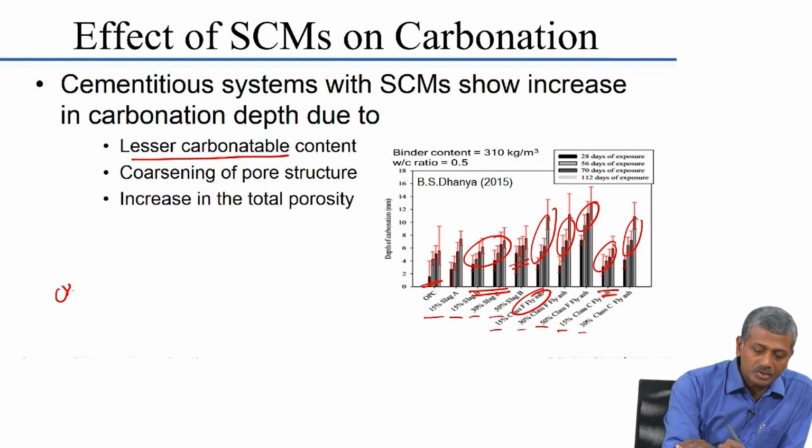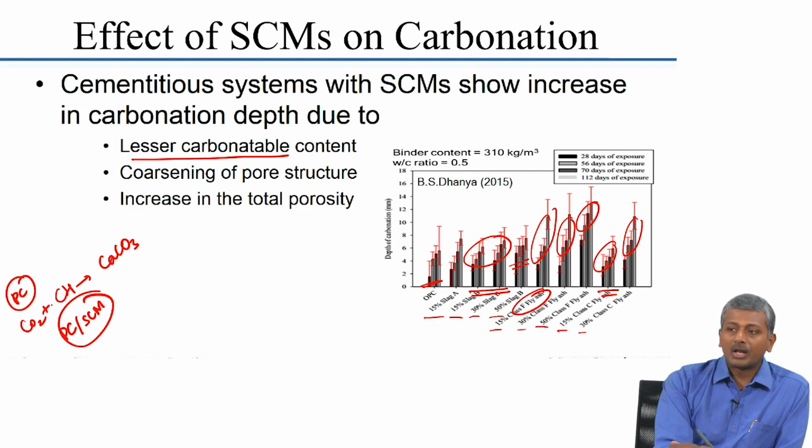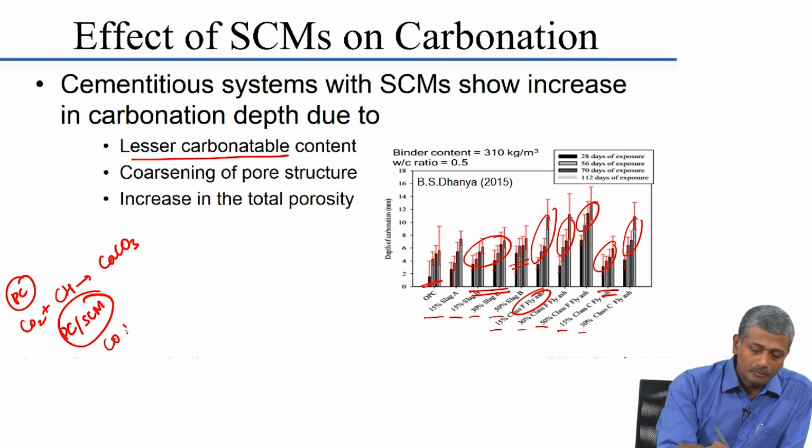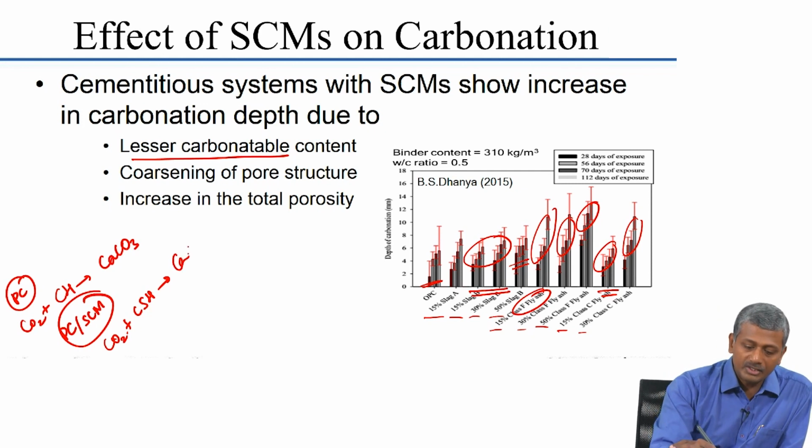Because you are converting the calcium hydroxide phase into calcium carbonate. Okay. Now, when you have PC with SCM, what happens? You do not have much calcium hydroxide. So, the CO2 will generally directly react with the CSH, okay, and that will produce calcium carbonate and silica gel.